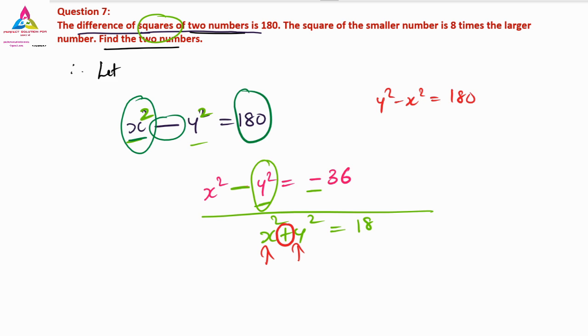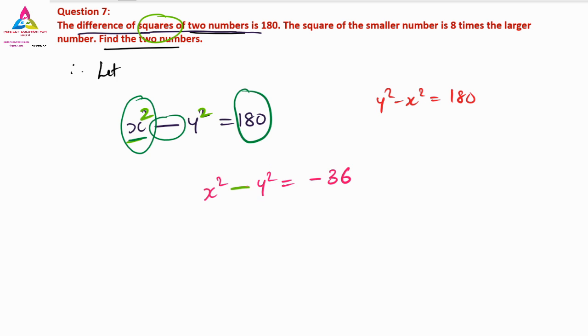Everything is based on the sign. The greatest number and smallest number, everything is based on what? The sign. If the sign is positive, then we can't decide which one is the greatest and which one is the smallest. But when the sign between the two variables is negative, then only we can decide which one is the largest and which one is the smallest.